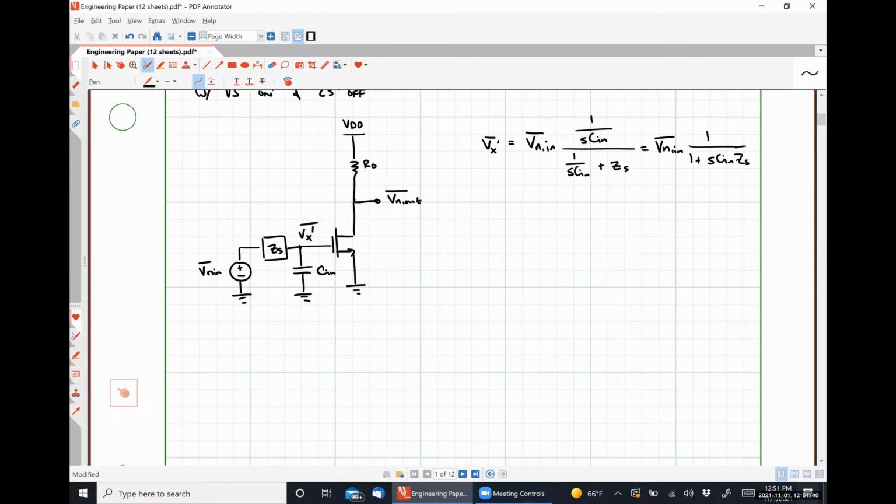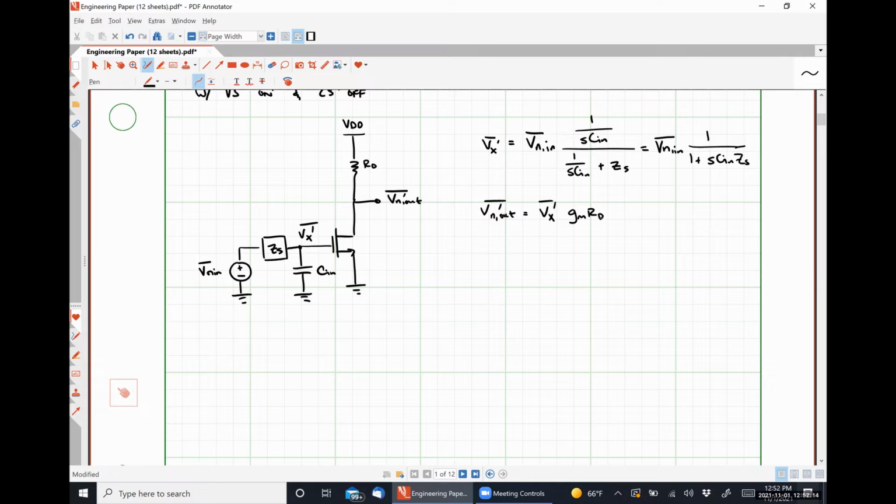From here, let's call this Vn out single prime because it's only the contribution of the input referred noise voltage. So this is a common source amplifier acting on some input signal Vx prime. So I'm going to multiply this signal by GMRD.